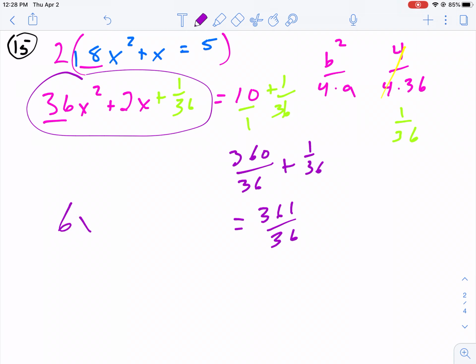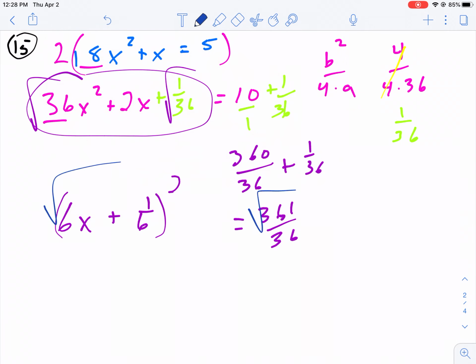So you're going to have a 6x plus, because we took the square root of this one, now we have to take the square root of that, which is 1/6, squared equals 361 over 36. So now what we're going to have to do is take the square root of both sides like we've been doing.